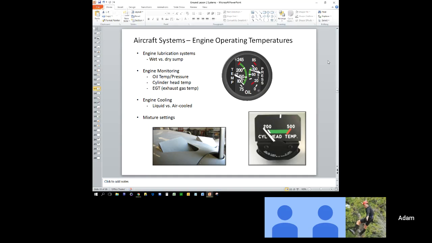Either one operating out of the green will indicate some failure of the oil lubrication system, typically that your system has either lost all of its oil or the pumps stopped operating. Either way, lubricating oil is the lifeblood of the engine. Immediate landing is necessary if any of these gauges are outside of their normal operating zones.